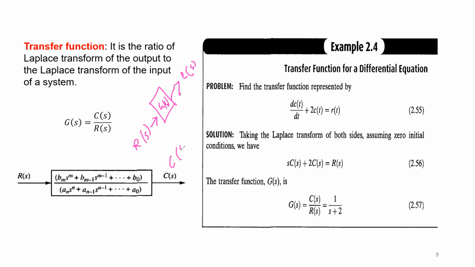So C(s) is equal to R(s) into T(s), since it is multiplied in cascade. So now we can write from here G(s) is equal to C(s) by R(s).